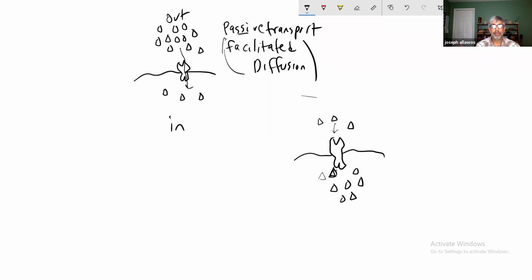But then what happens if you need to get back and you turn that paddleboard around and you start going against the current? Well, you best be paddling, right? You must put energy in to go against the flow or against the concentration gradient. We call this scenario active transport. And in active transport, you're going against the concentration gradient.